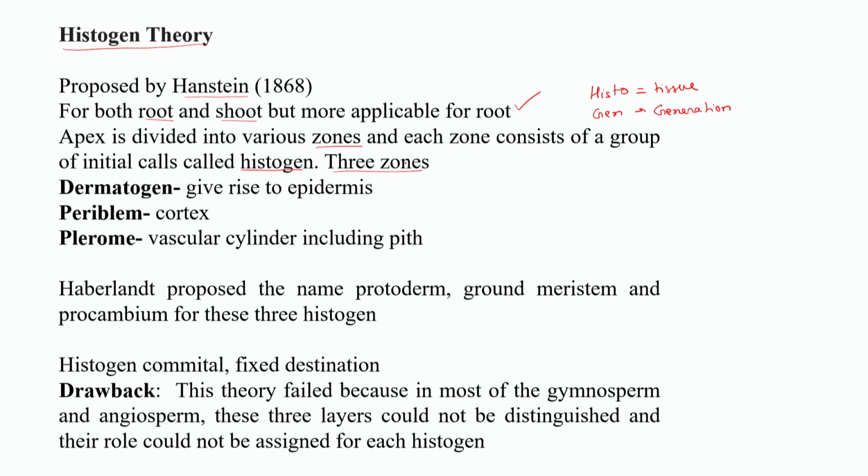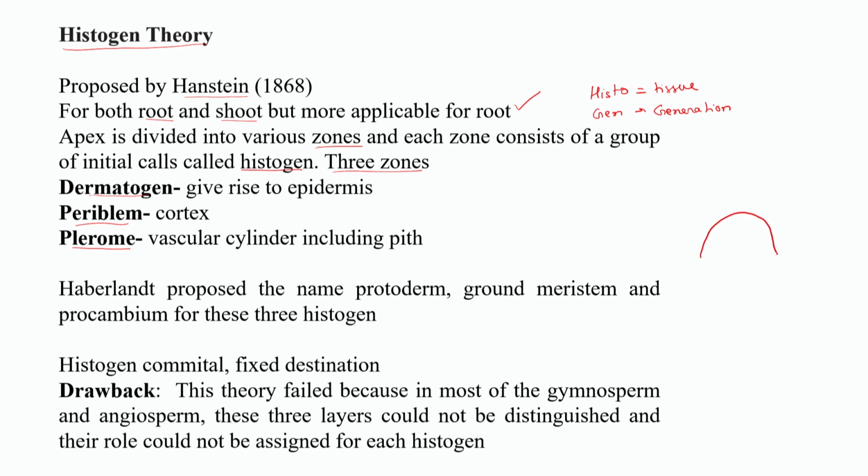Now basically 3 histogens were identified. That classification which we discussed in root apices was actually based on histogen theory. So these 3 layers were identified: dermatogen, periblem and plerome.